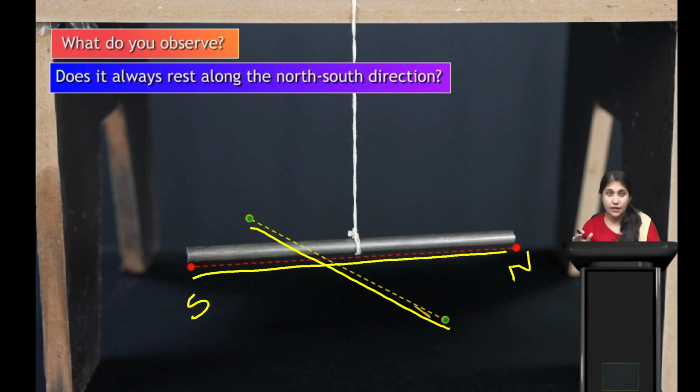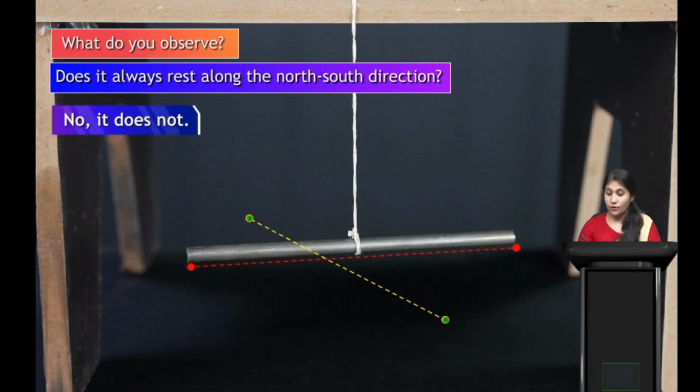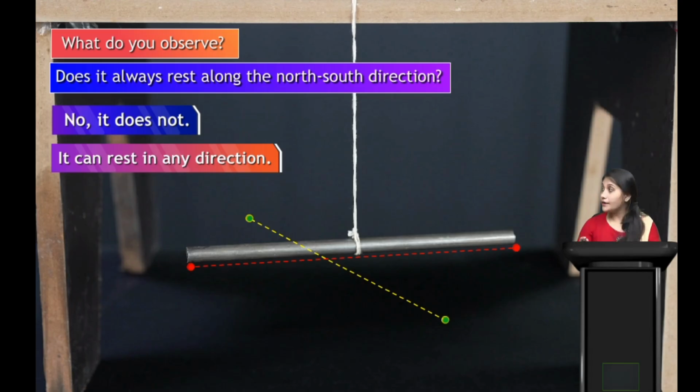Because the north south direction always lies in the horizontal plane, and this one is a horizontal plane, but the before one, is this a horizontal plane? Can you tell me that before also the iron rod rested in the north south direction? No, we cannot say, because both are different directions.